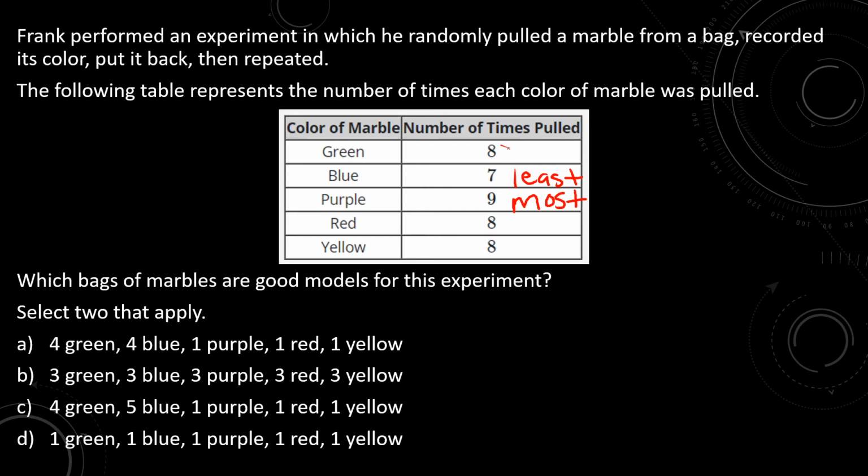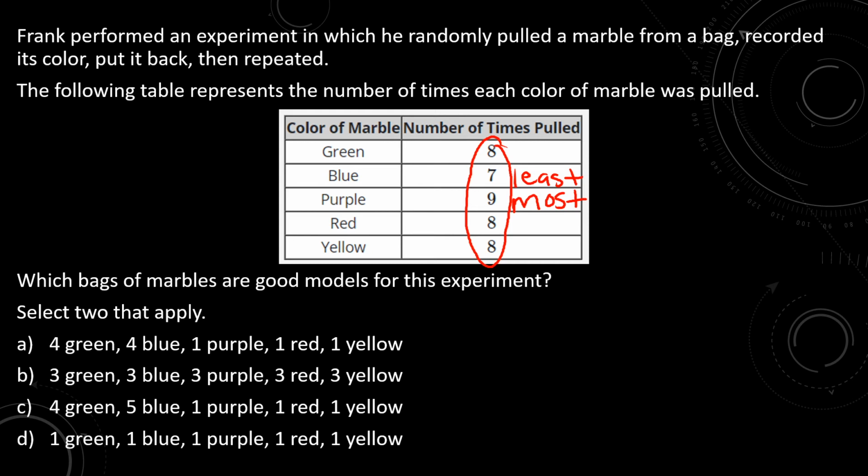Now, if I really look at all of these numbers here, they're all pretty close to each other. Right? It's not like I pulled green once and then I pulled red 30 times. They're all around 8. Yeah, purple and blue are a little bit one more and one less, but they all have around 8, which means that you could also argue that there's the same amount of marbles for each one of these colors in that bag, which is why we're pulling them about the same amount of times.